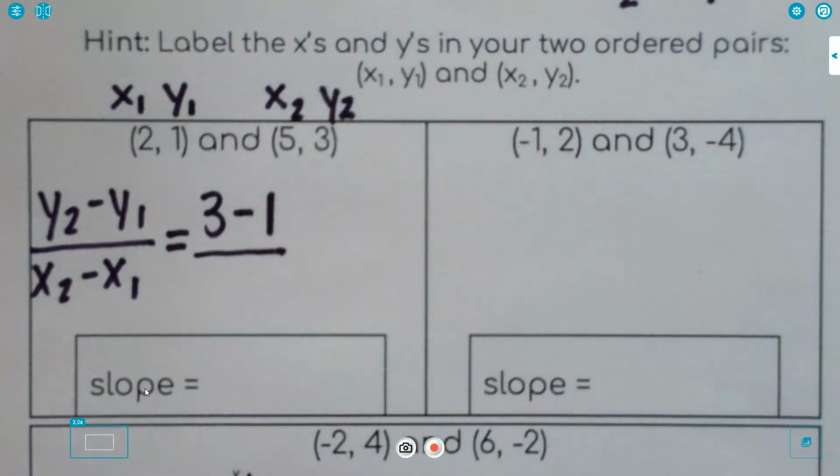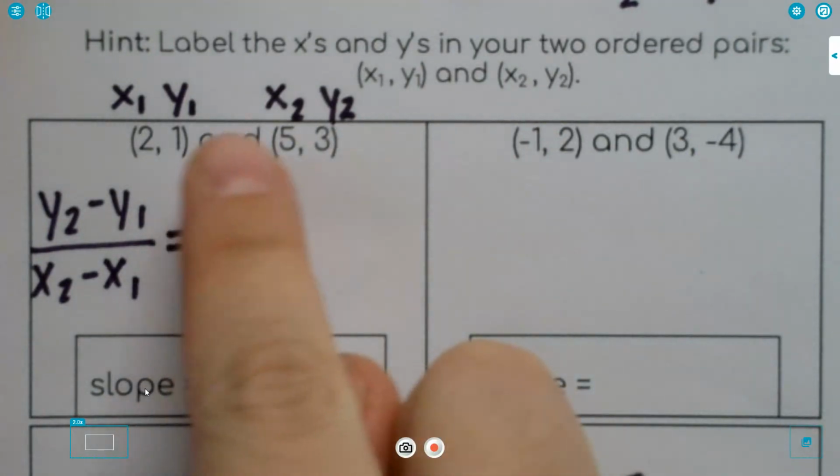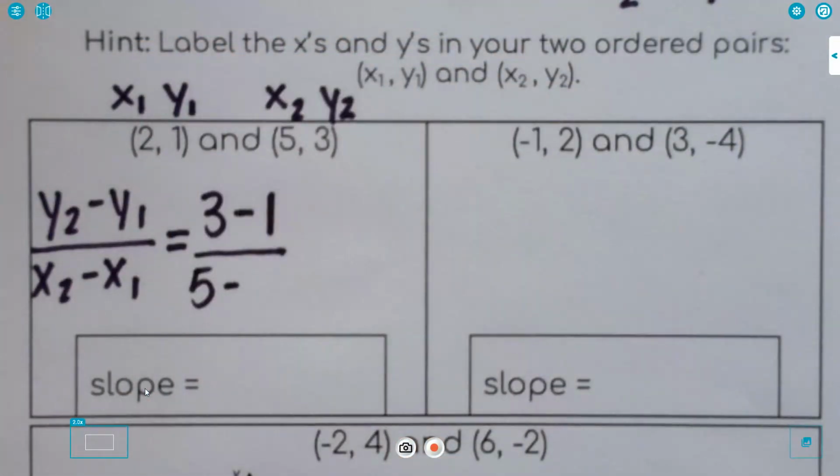Over on bottom x2. So x from my second ordered pair is 5. Minus x from my first ordered pair is 2.